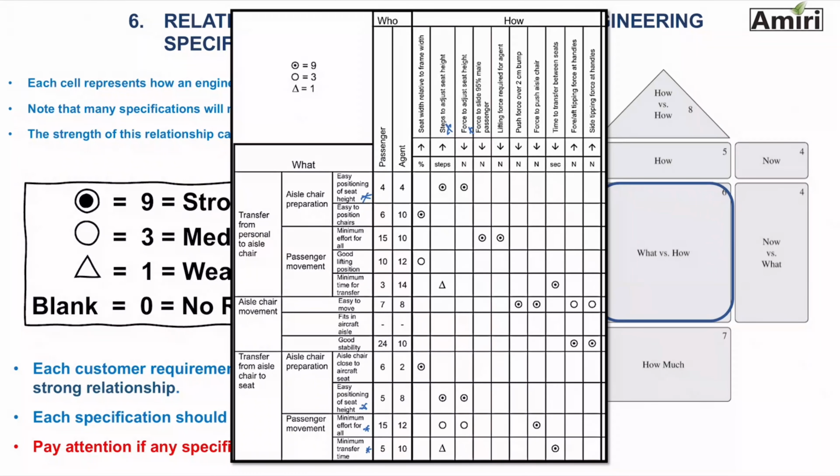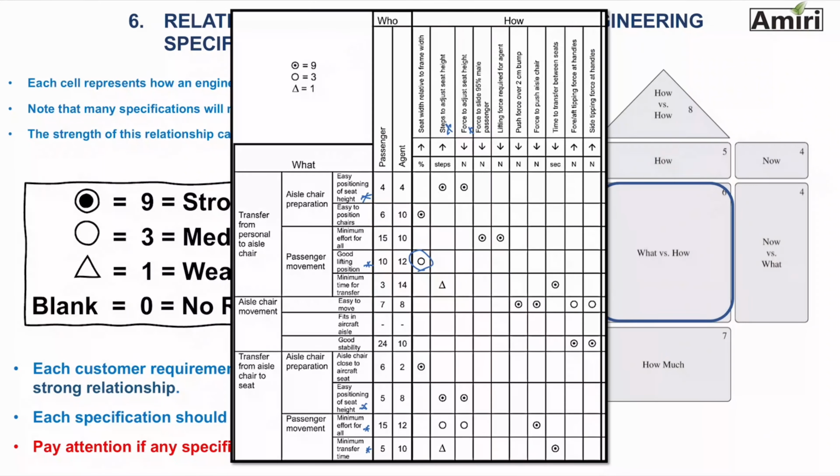One problem that I see here, for example, is this good lifting position, this one right here. When I go through it, it only has a medium relationship with one of the engineering specifications. It's just right here. It doesn't have any strong relationship with another engineering specification.